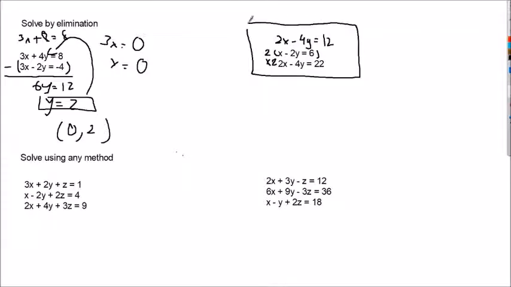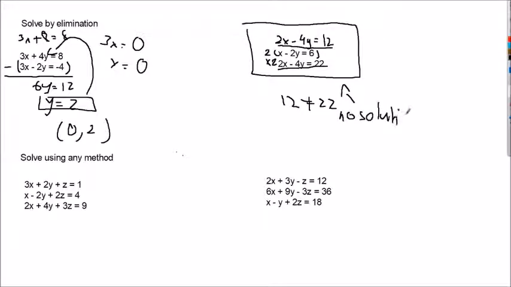However, there's a discrepancy here. How can 2x minus 4y equal 12 if 2x minus 4y is already equal to 22? It can't. There's no possible way. 12 cannot equal 22. So this equation has no solution.